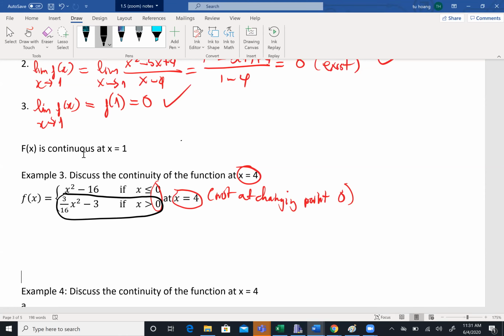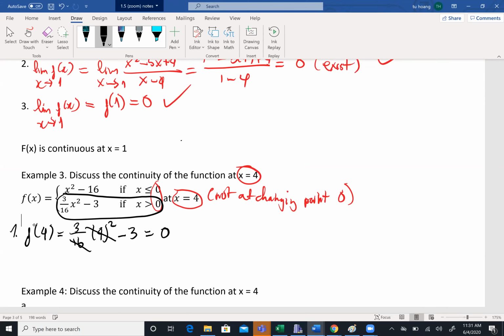It's not at the changing point, so you just right away apply the second part. So f of 4, checking the three conditions, one is f of 4 equals 3/16 times 4 squared minus 3. Then 3 minus 3 is 0.